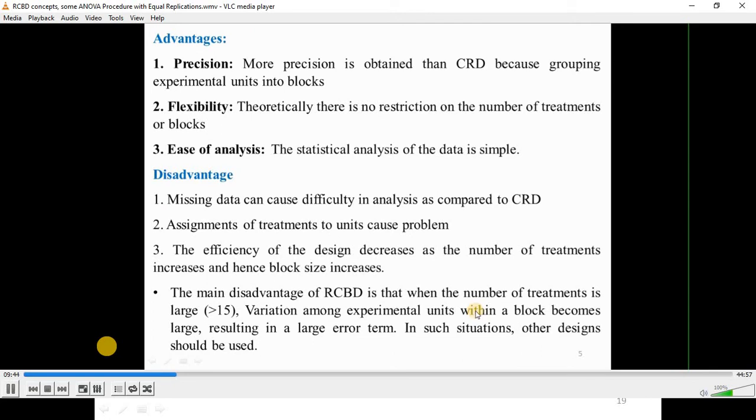The main disadvantage of RCBD is that when the number of treatments is large, most of the time greater than 15, the variation among the experimental units in a block becomes large, resulting in a larger error. In such situations, other designs should be used.